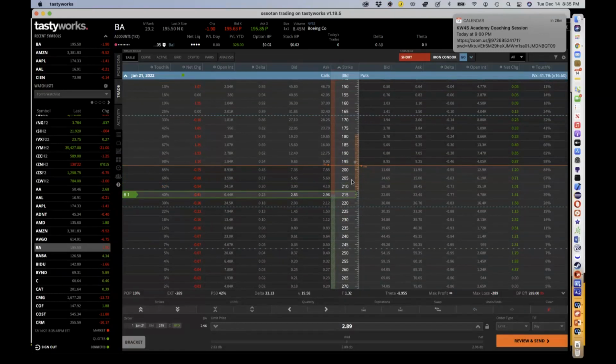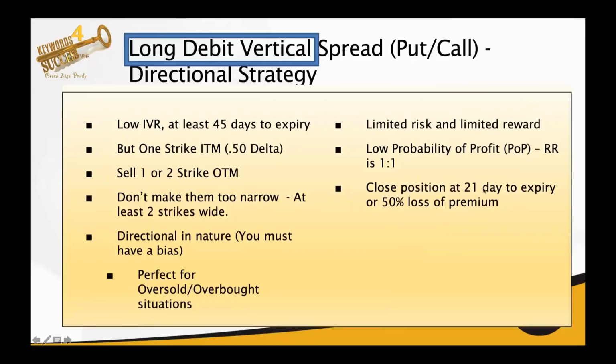Well, this thing will expire out of the money and you lose everything. It will expire worthless, because if Boeing doesn't come towards your contract strike, you lose everything. But by closing your position at day 21, you save a lot of your premium.